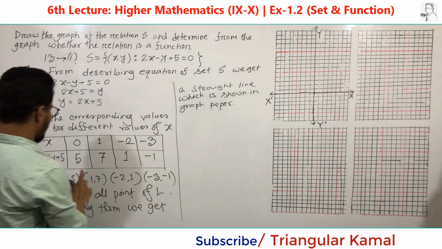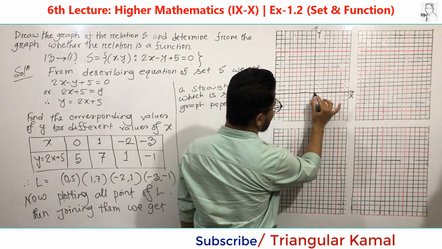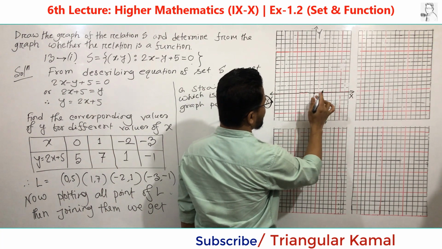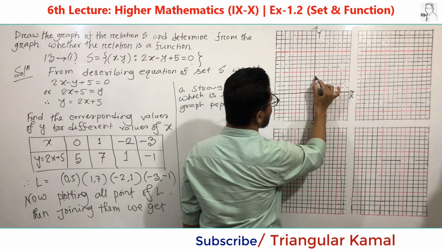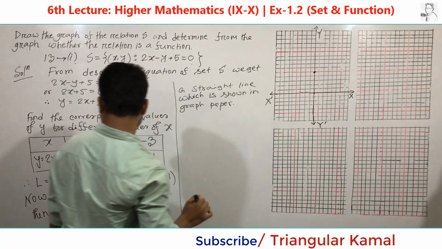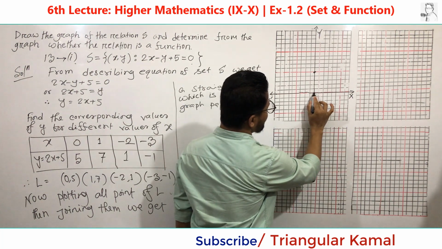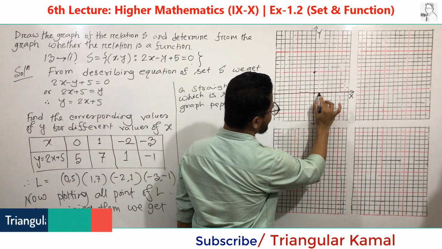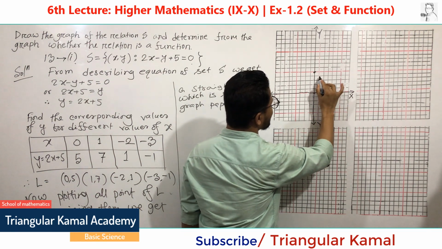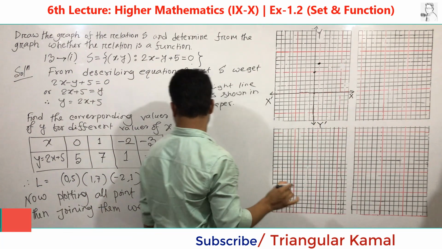Now give attention, first one 0, 5. The value of x is 0, so there will be no right side or left side, 0 is here, and y is 5: 1, 2, 3, 4, 5. So 0, 5 is this point. Second one 1, 7. From the origin x is 1, so here, then y is 7: 1, 2, 3, 4, 5, 6, 7.